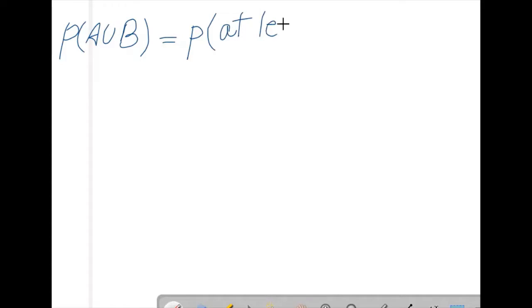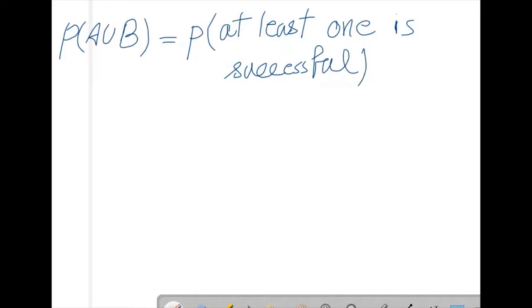So the probability of A union B means the probability that at least one is successful.